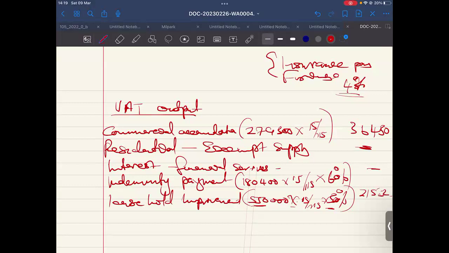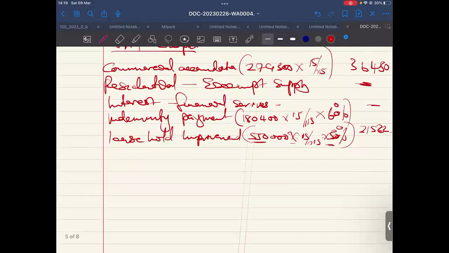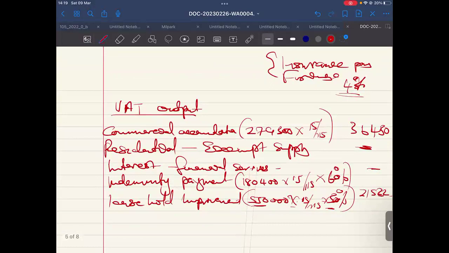Confirm. Yeah, seconded. Right, that's how we deal with leasehold improvement. You just say leasehold improvement times 15 over 115 times the portion which is used for non-taxable supplies.